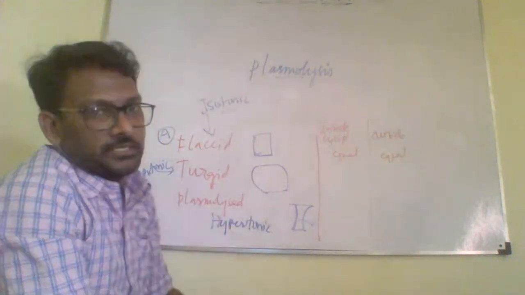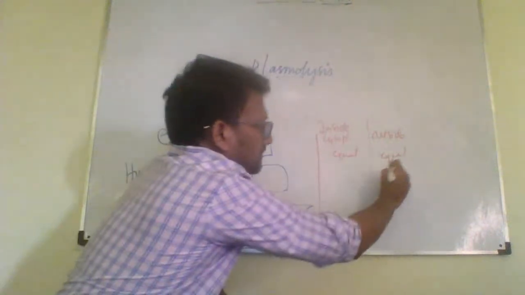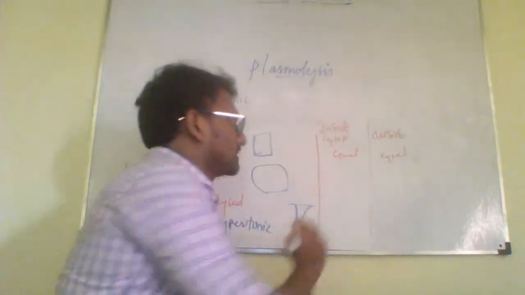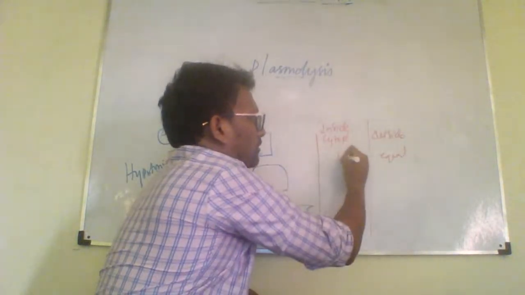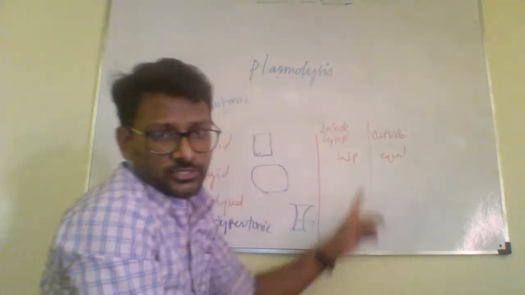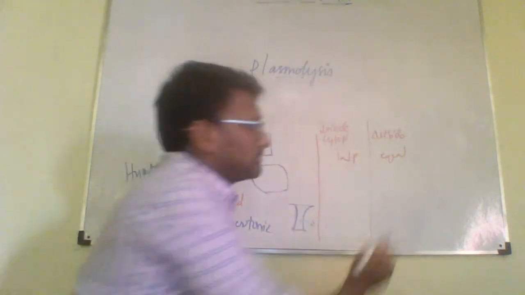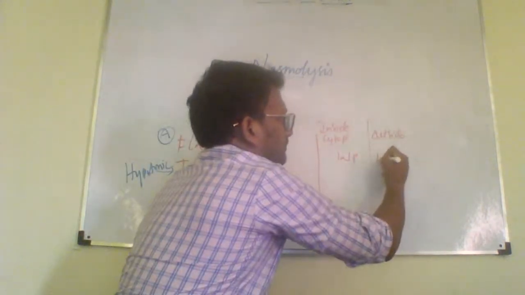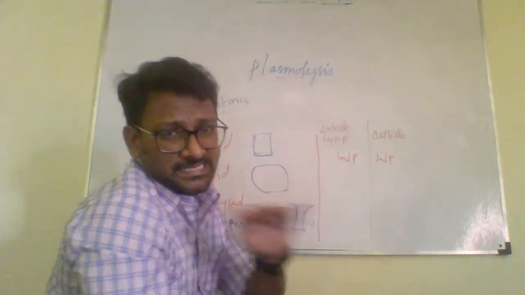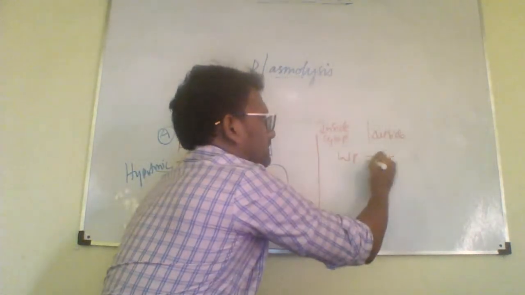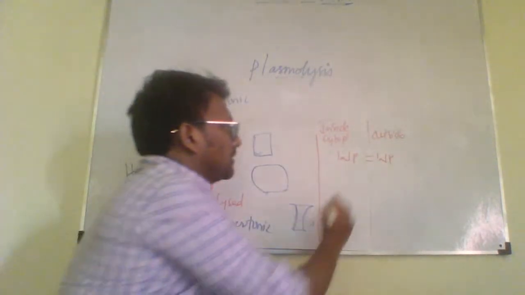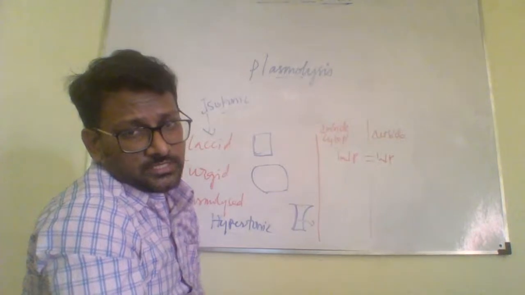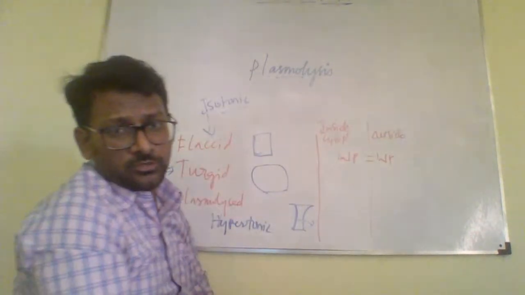And in turgidity, hypertonic solution means what's happening here? Here what's happening is nothing but equal in the sense like water potential of the cytoplasm and the water potential of outside is equal like this. Okay, and the next one you can do is in the turgidity cell, or you have hypertonic solution.